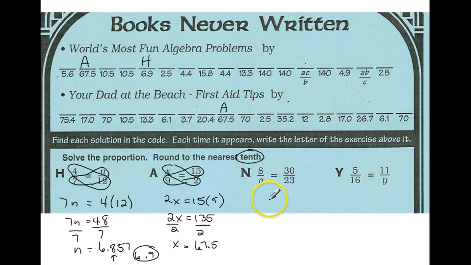Okay, letter N. I've got 30 times A is 30A. I'm going to set that equal to 8 times 23. So 30A is equal to 184. I'm going to divide both sides here by 30.